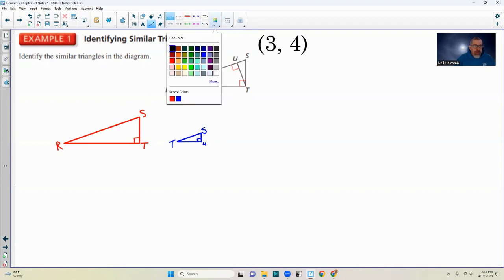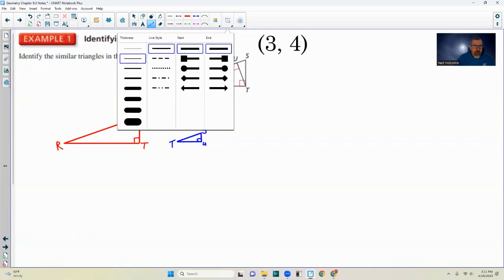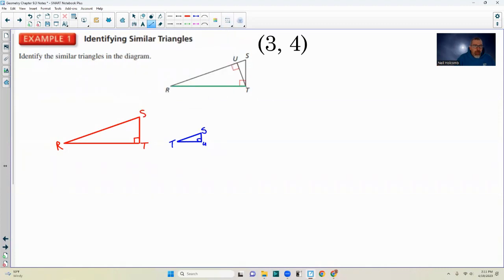So I'm now going to switch to a green. Let's use this one and this here, and I'm going to go from here to here. It's up to you whether you do this or not. I need to move this up a little bit.